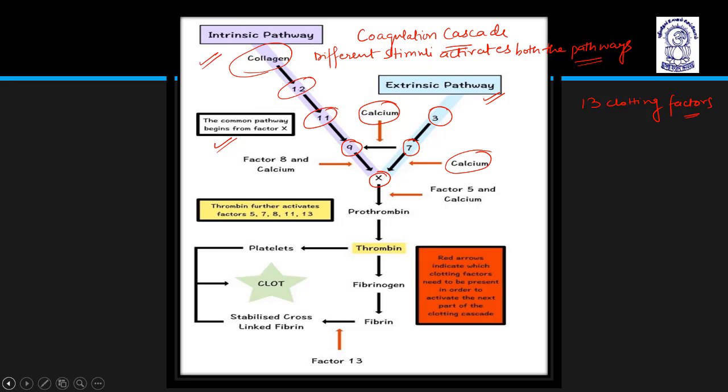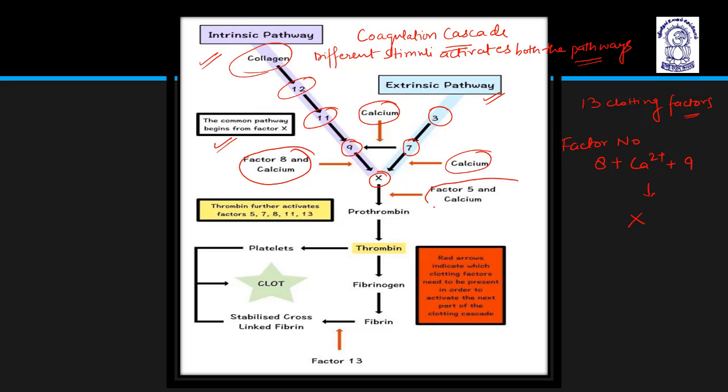Factor 11 then converts to 9. Factor number 8 and calcium along with factor number 9 are required for the conversion to factor number 10. I repeat, factor number 8 plus calcium plus 9 converts to factor number 10.